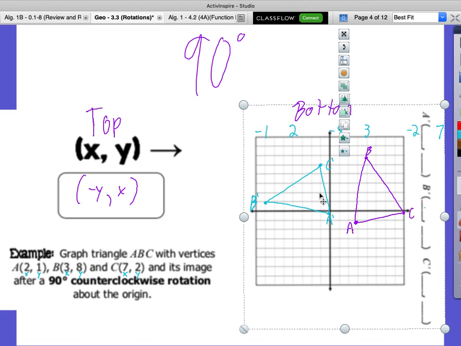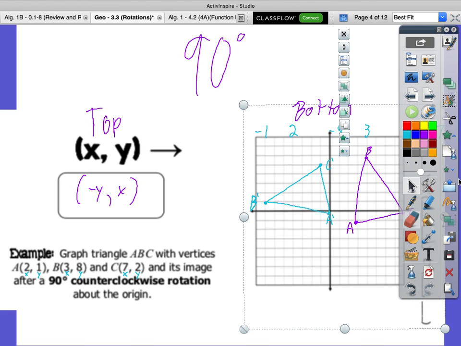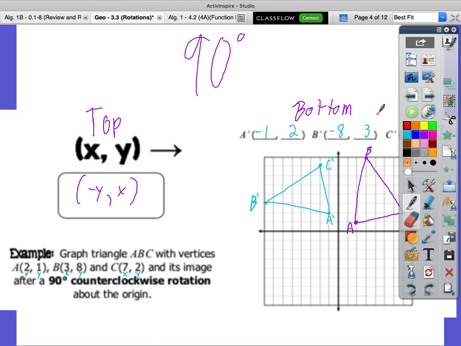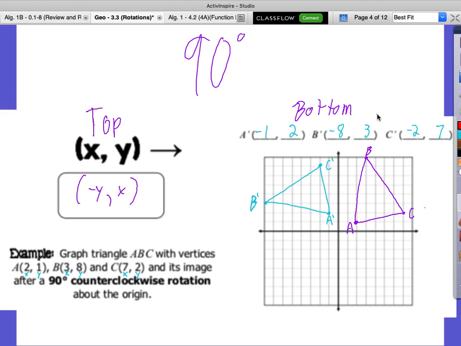Maybe that didn't work out too well. Let me just talk about it from this direction. I would have to move it down. So if I just turn my body, since I can't really turn this paper very well because I can't turn the board, go 2 to the right, 1 up.